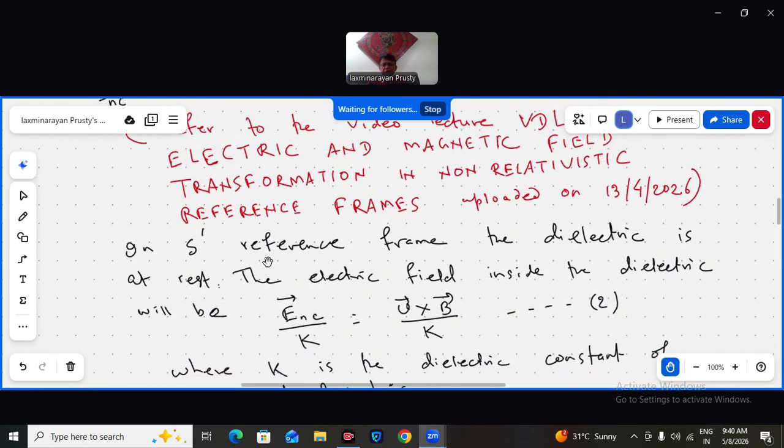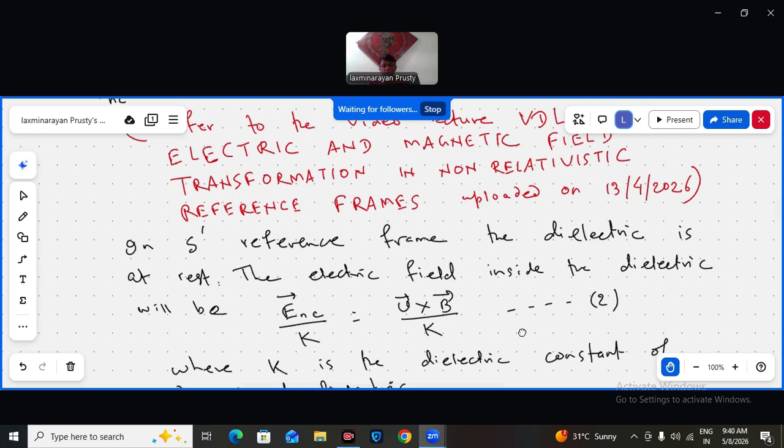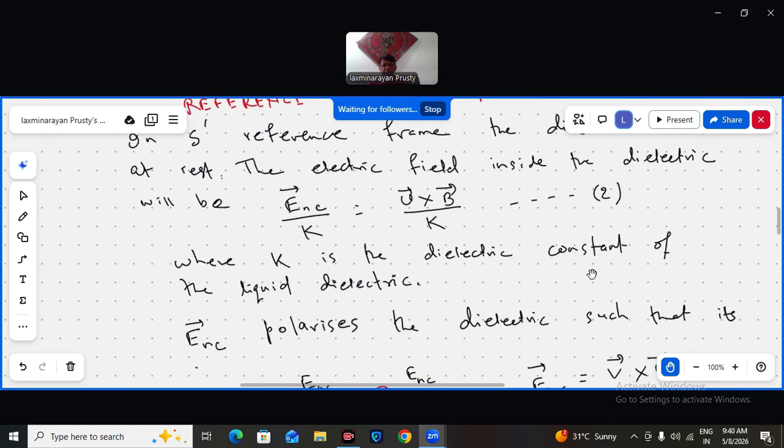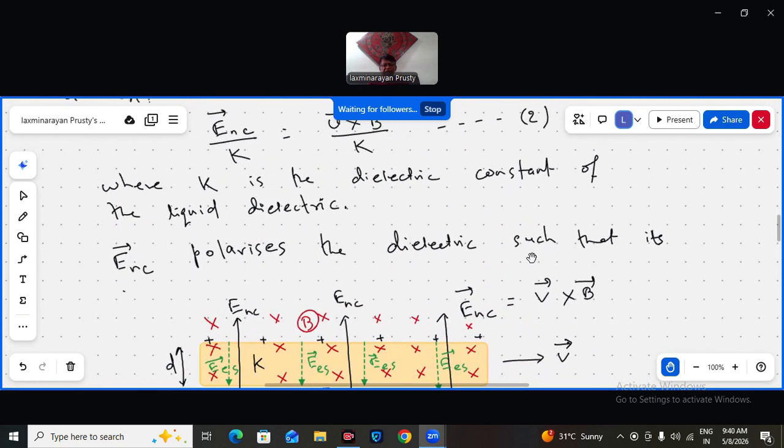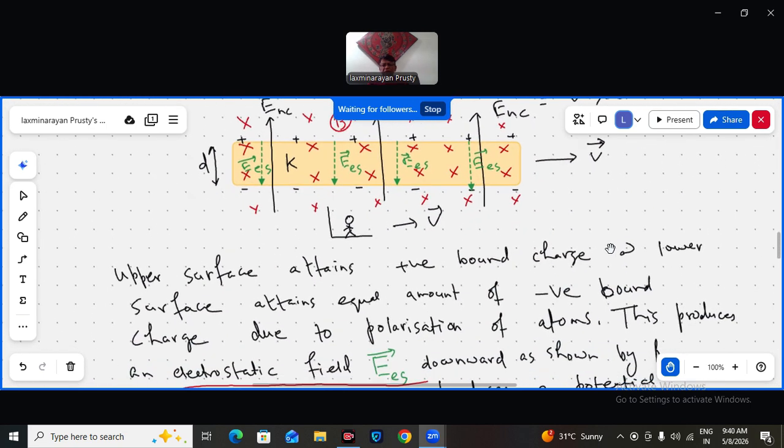Fine. But in the S dash reference frame the dielectric is at rest, and of course the electric field inside the dielectric will be how much? E_NC by K, due to the dielectric constant K. Why will it happen that way? Because E_NC polarizes the dielectric such that its upper surface attains positive charge and the lower surface attains an equal amount of negative bound charge. Bound charge means charge due to polarization.